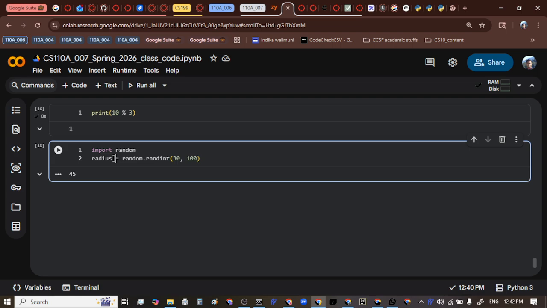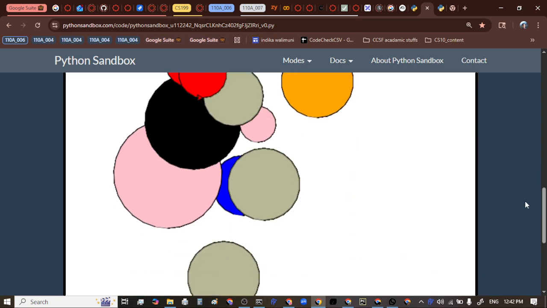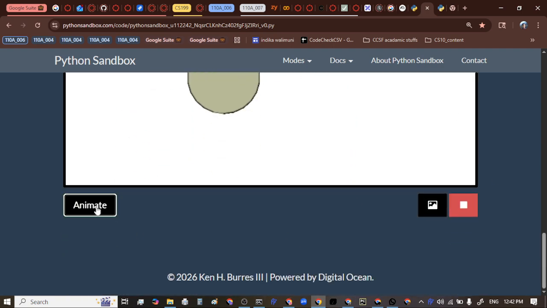Got it? And the xy points, because you can see in my sample run that the starting point of the drawing of the circle is also random. That's why it's popping up here and there. The color is random, and the size of the circle is also random, right? So that's it. The rest we already know.